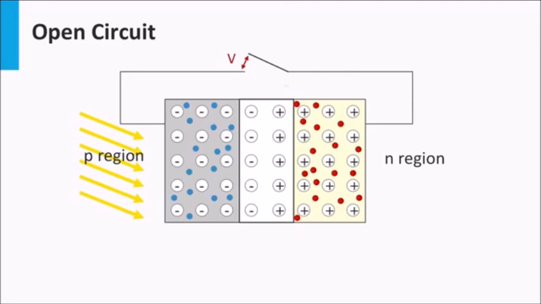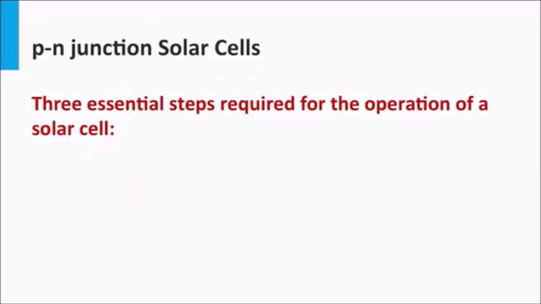This charging of free holes in the P region and free electrons in the N region will build up until both the drift currents are in equilibrium. This means that the device does not generate a current, but builds up an electric field, or voltage. The voltage created by an illuminated solar cell under open circuit conditions is called the open circuit voltage.